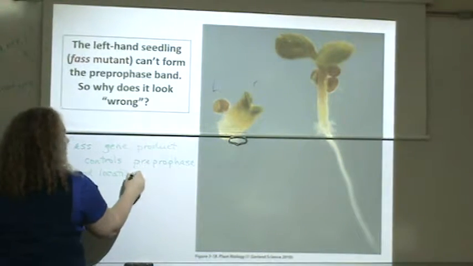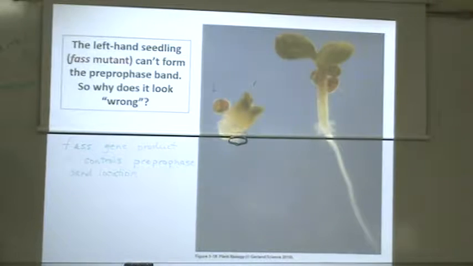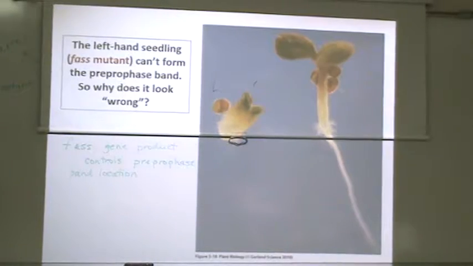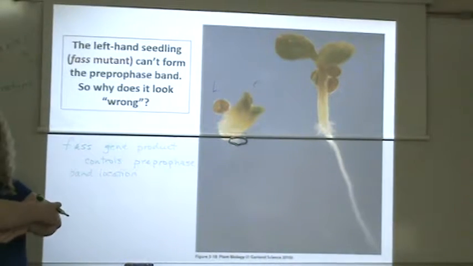Something about that gene product tells the plant where it's supposed to make a pre-prophase band. And normally, let you finish writing that. Normally, the pre-prophase band is supposed to form around the middle of the long axis of the cell.